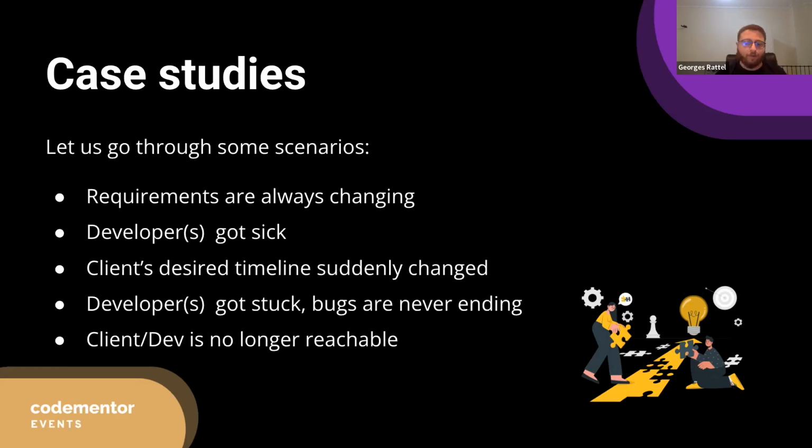So it's very important at this stage for transparency to happen and for trust to be there, and for the developer to be comfortable enough to tell the client, yes, I will need help. I will need someone else to take over until I'm better, or I might not get better, etc.